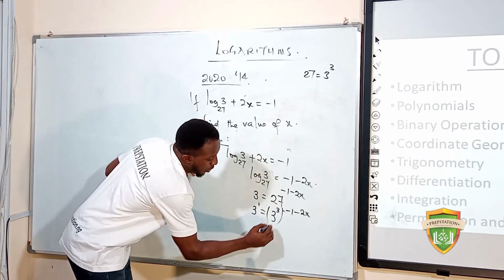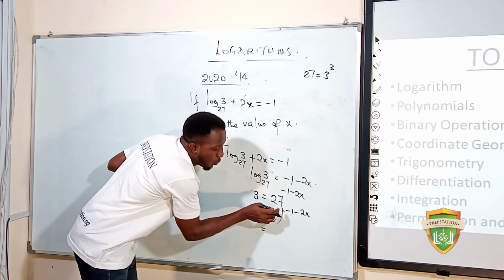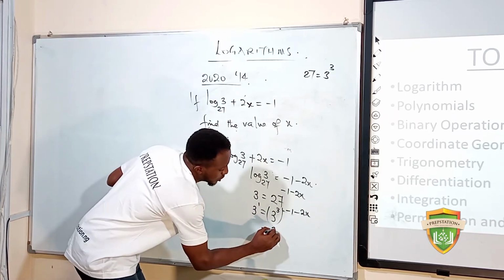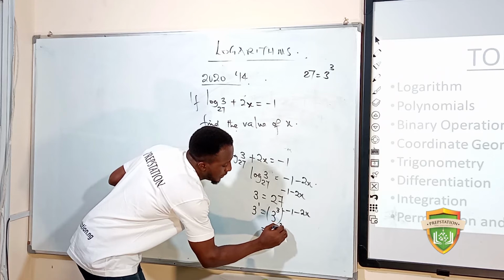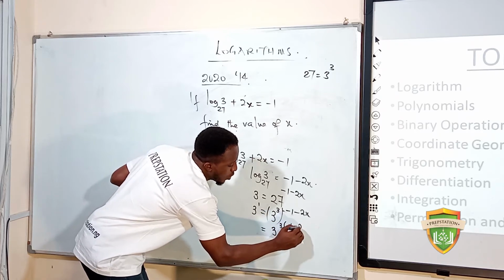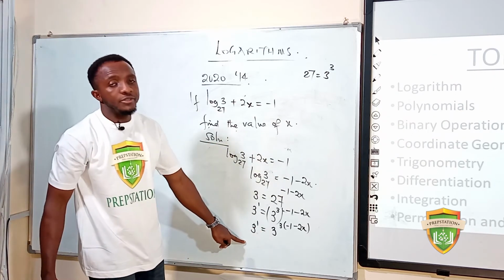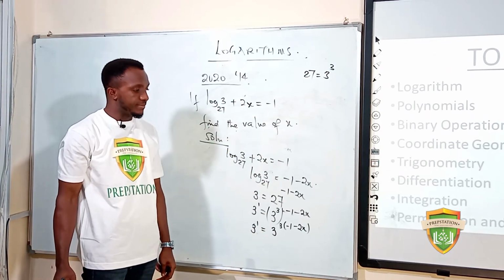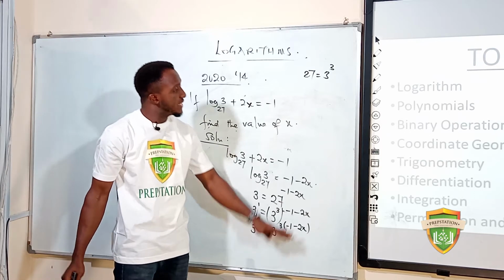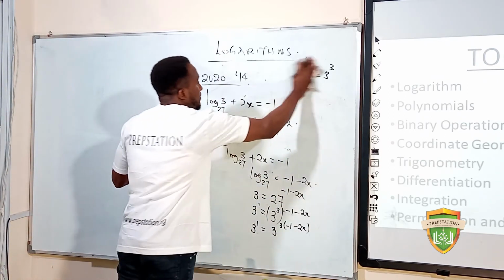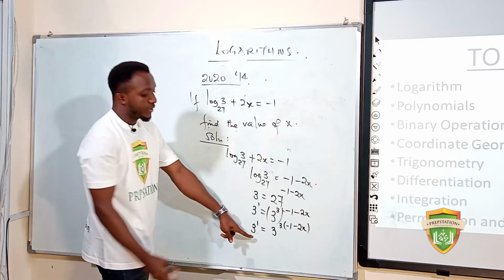So if I open the bracket, what we have here is going to multiply everything here. So that will leave us with 3 times -1 minus 2x, with 3 raised to power 1 on the left-hand side. Because of space, let's find a space up here so we can continue. I hope you can see this.